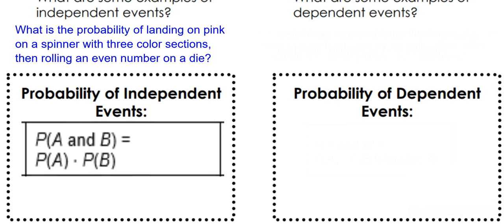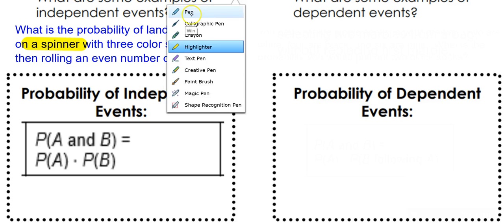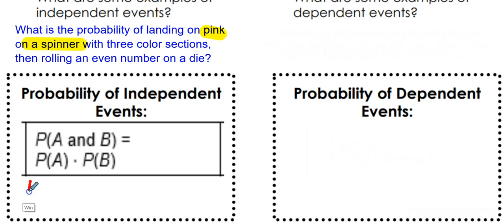So the probability of the first event, A, is landing on pink on the spinner. So we're going to look for the probability of pink and an even number on the dice. Two independent events.